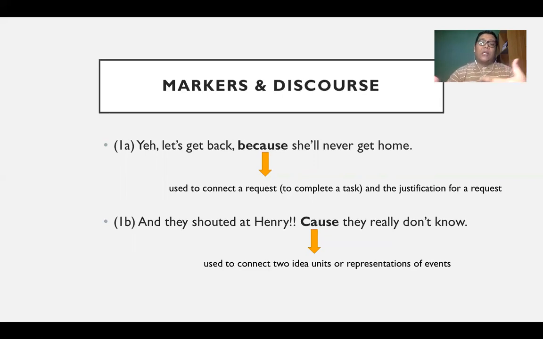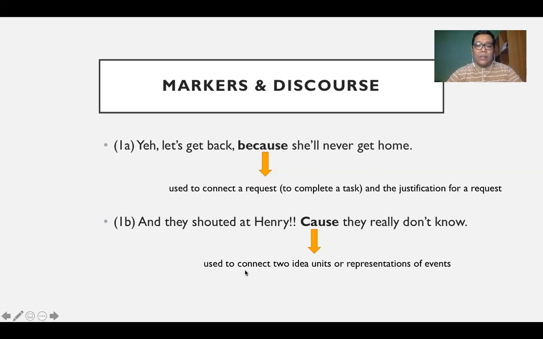discourse marker. So when we talk about discourse markers in this context, because here in the first sentence may refer to a subordinating conjunction connecting two ideas, one that is independent and the second one dependent. But in the second expression, "and they shouted at Henry because they really don't know," 'cause here has a specific pragmatic function or semantic use, which means 'cause does not necessarily function here as a subordinating conjunction.